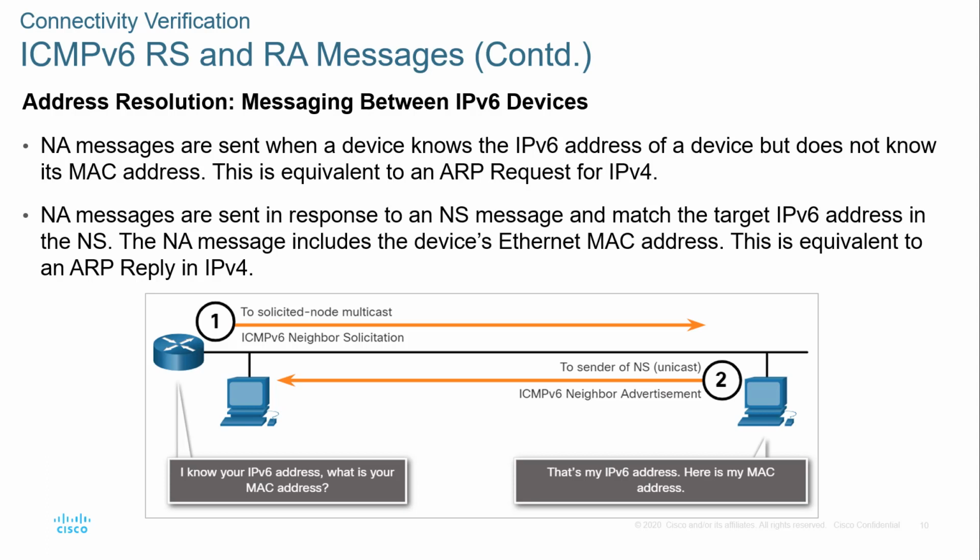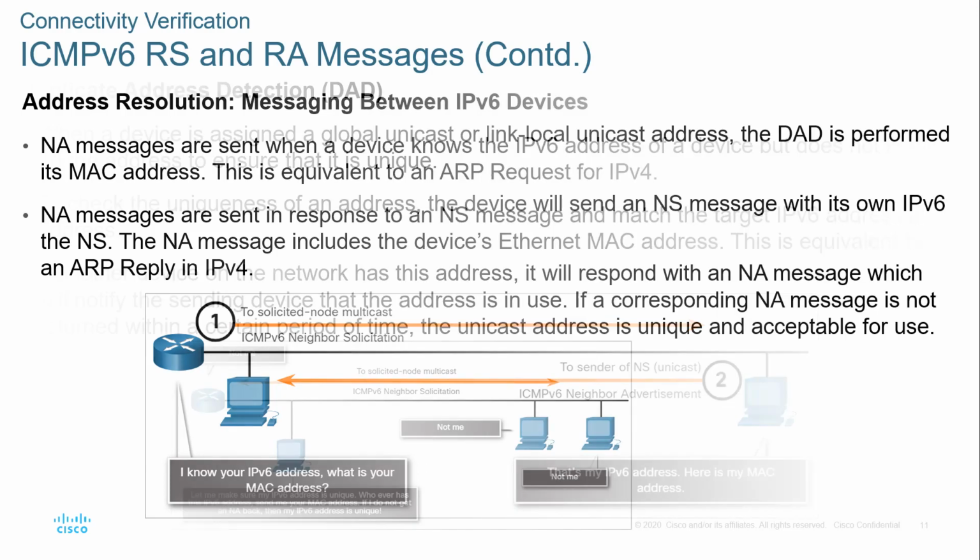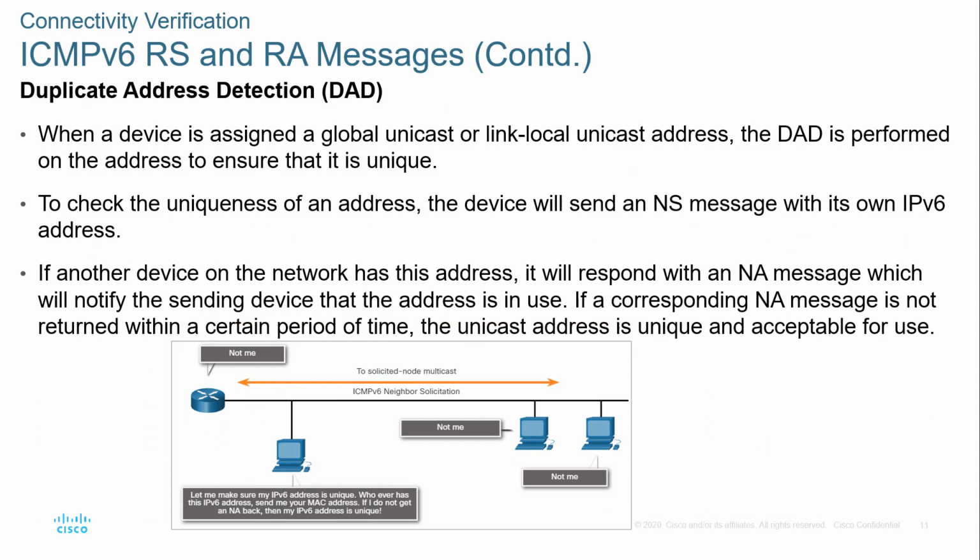That way you can learn the MAC addresses and IPv6 addresses. Part of this will also help with DAD, duplicate address detection, similar to what ARP does for an IPv4 network. Again, duplicate address detection allows us to send multicast neighbor solicitation messages to verify there are no local machines with the same address.